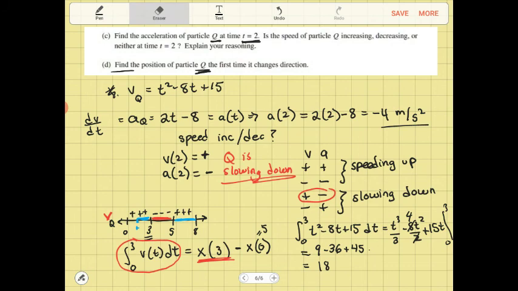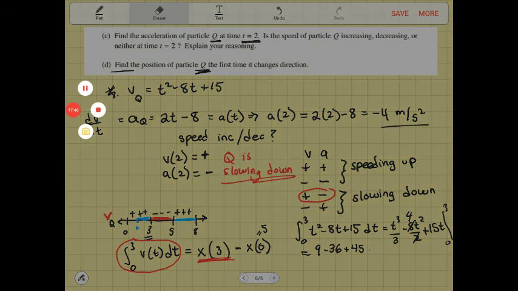It is 12. My mistake. I should pause the video and do this. Sorry for being lazy. 9 plus 45 is 54. 54 minus 36 is 18. So I was right the first time. This is 18. Sorry about that, guys. Whew.